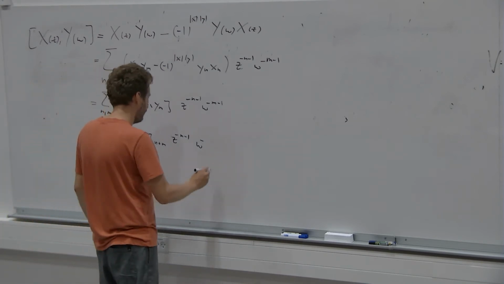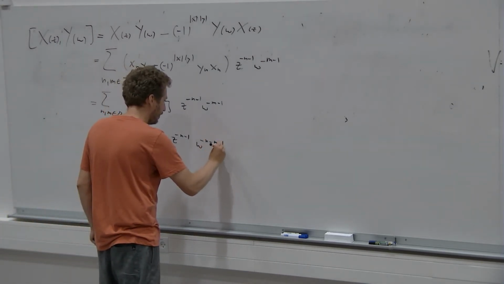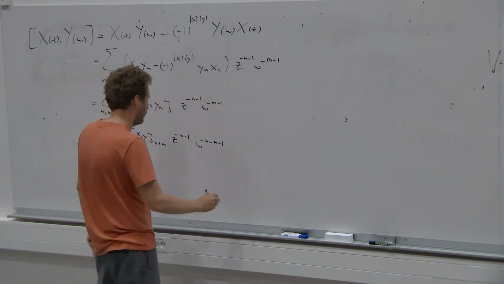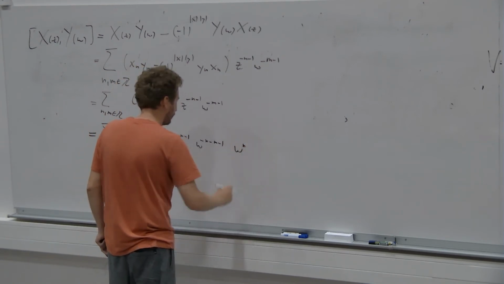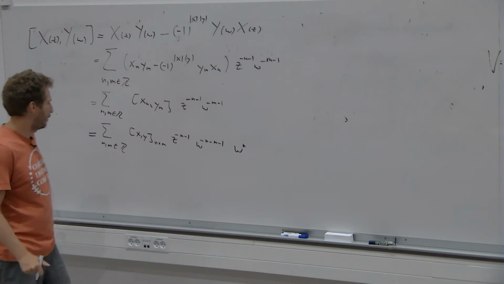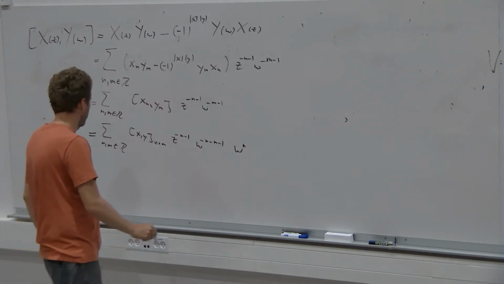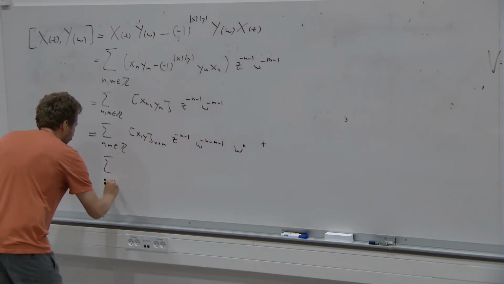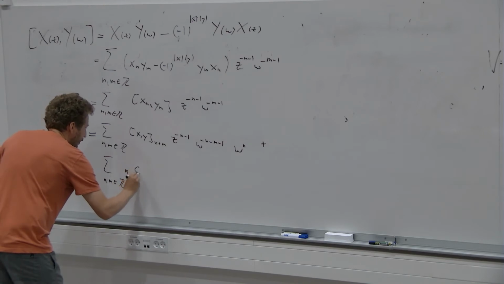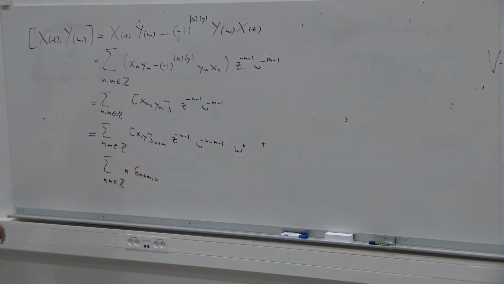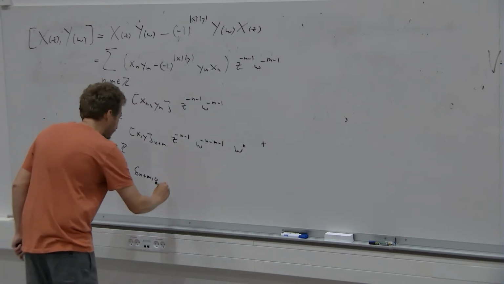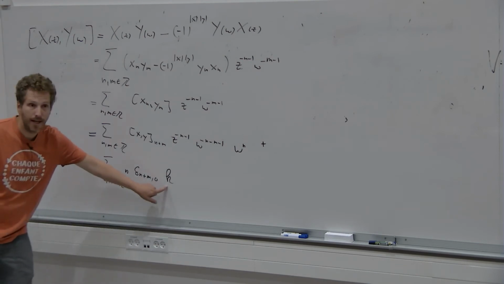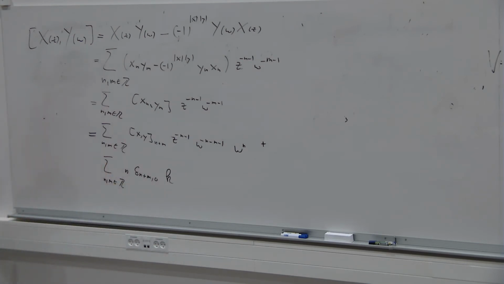I would like to have here a w to the minus n plus m minus 1. So in order for this to work out, I have to multiply here w to n. And then there was a second contribution in the commutator, which only appears if n plus m is equal to 0, in which case it comes with this central element k, but the central element acts by the scalar k. Can everybody see? I think I will continue here.